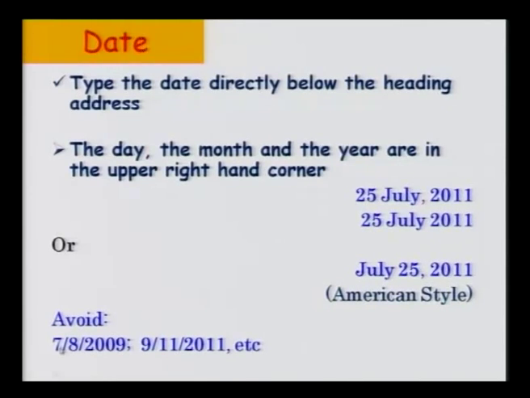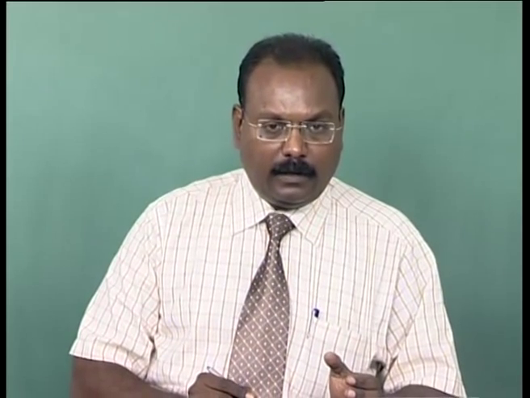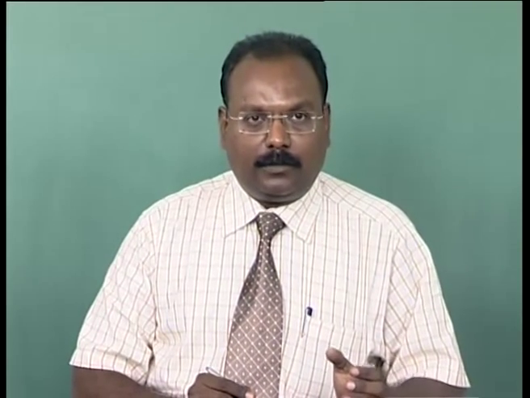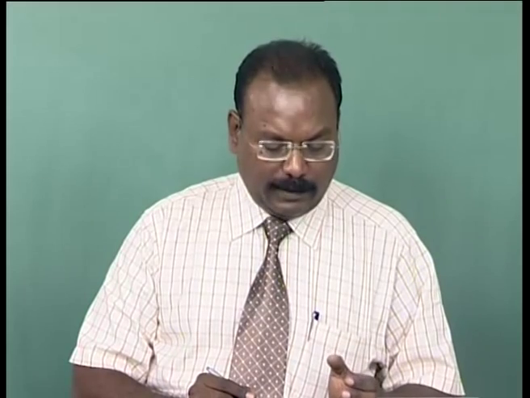For instance, look at this. So, it is 7/8/2009. Now, you will find that it is quite normal to write the date in this way, but why do I say that in a professional environment it is not advisable to write like this?